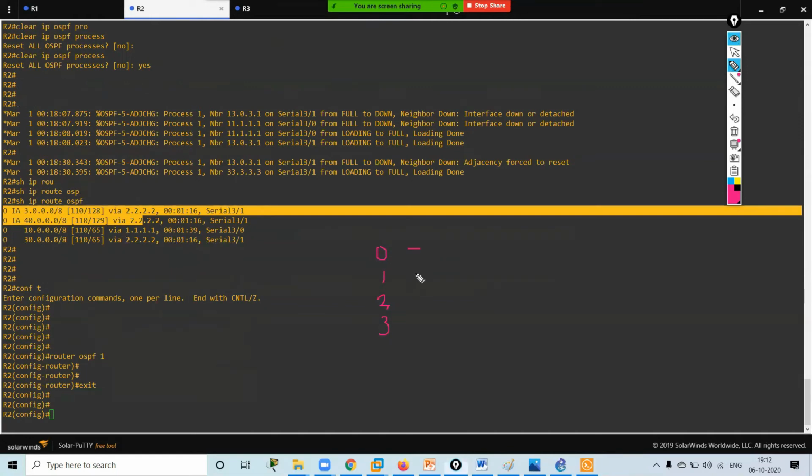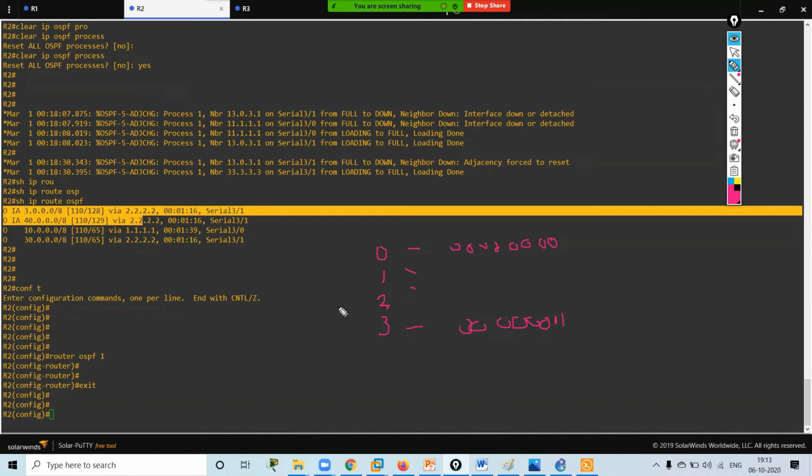So 0 is all zeros, and 3 will be 0, 0, 0, 0, 0, 0, 1, 1. How many bits are common? 1, 2, 3, 4, 5, 6. 6 bits are common over here.